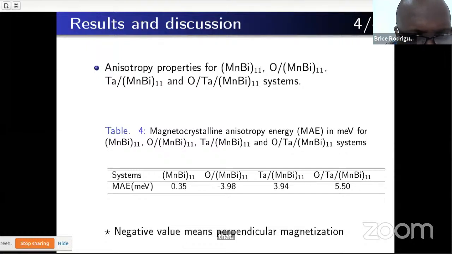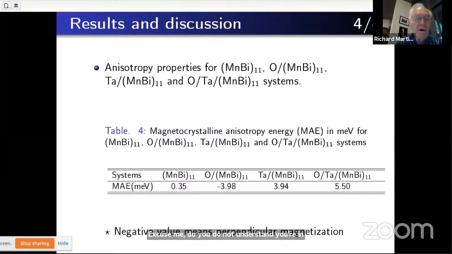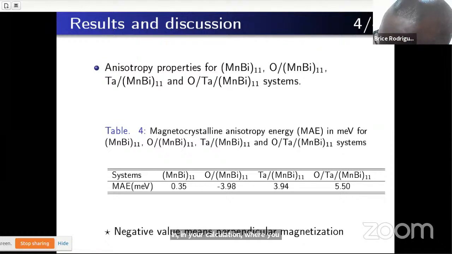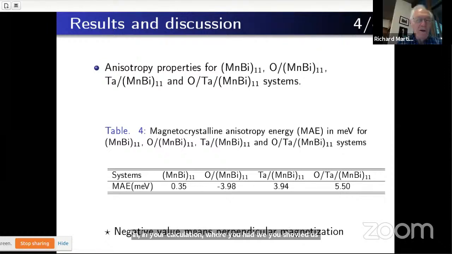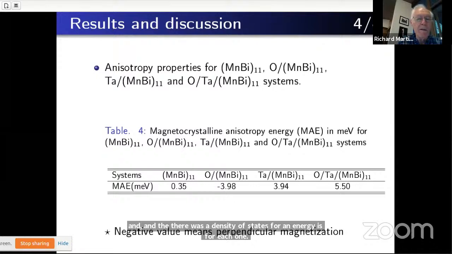Excuse me, Professor, I did not understand. Okay. In your calculation, you showed us the difference in two energies. And there was a density of states and energies for each one, and you integrated up to the Fermi energy.